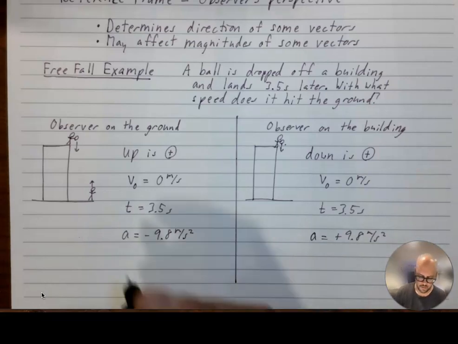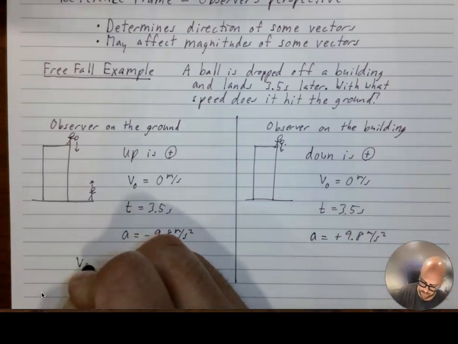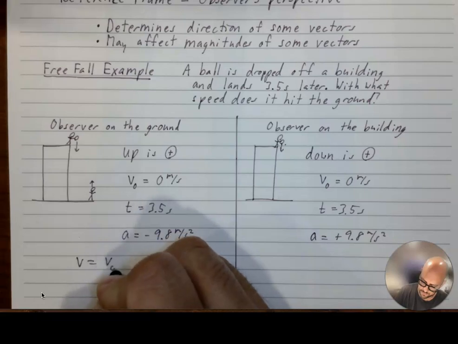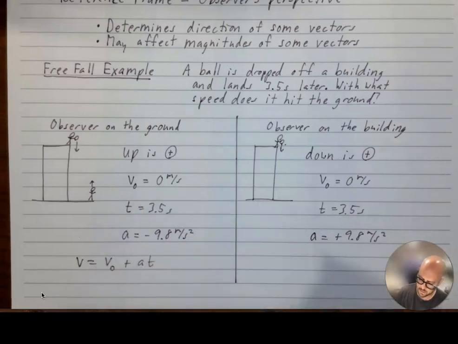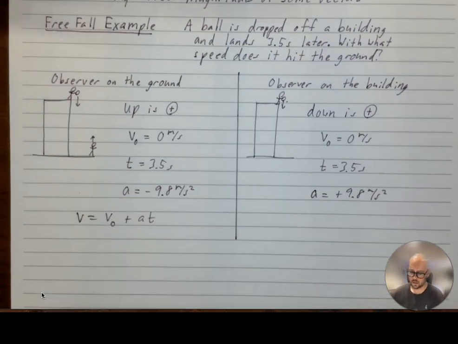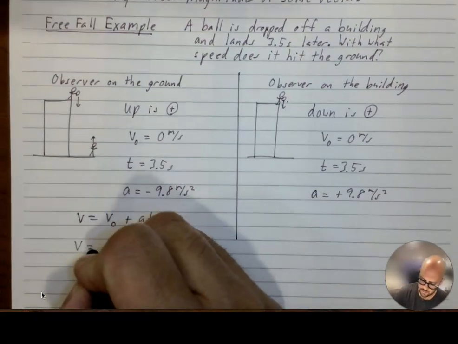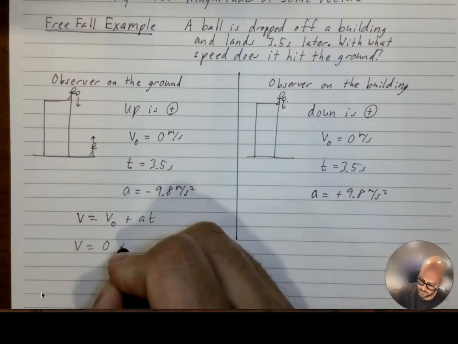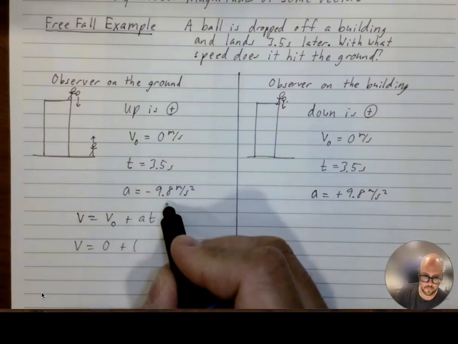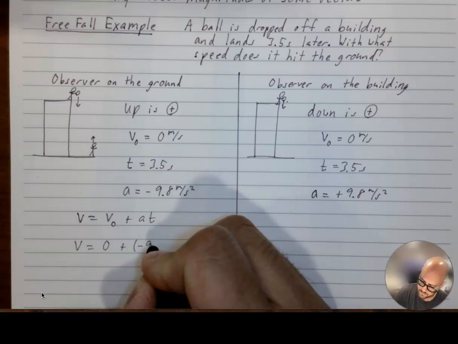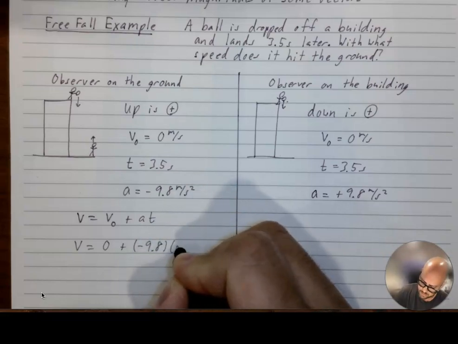We now set up a calculation with this first kinematics equation, and I really only need to solve it once. The final velocity is going to be 0 plus, and then for this observer on the ground, negative 9.8 times 3.5 seconds.